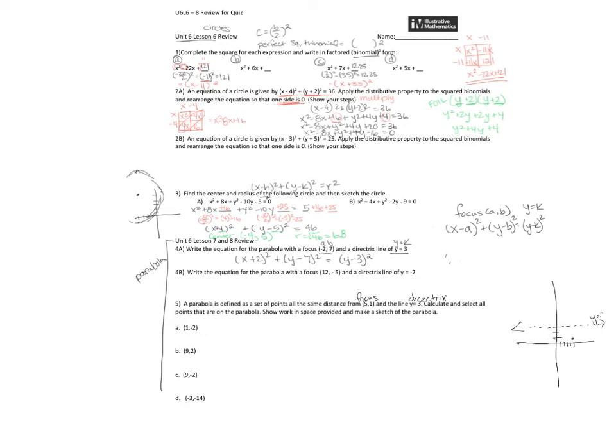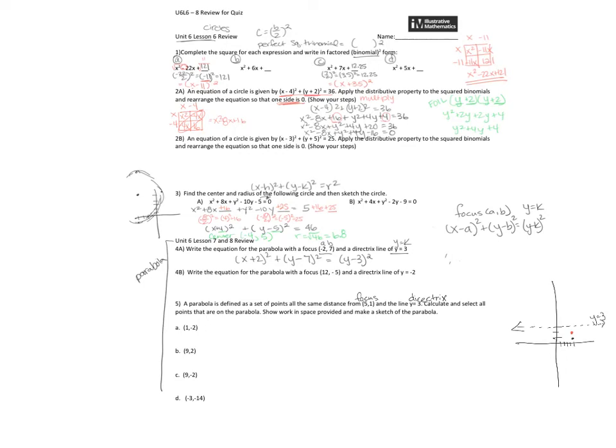I learned in our lesson that my vertex was halfway in between the focus and the directrix. So then I know my vertex would be in between 5, 1, and this line y equals 3. So halfway in between is 5, 2. So I know my vertex is at 5, 2.